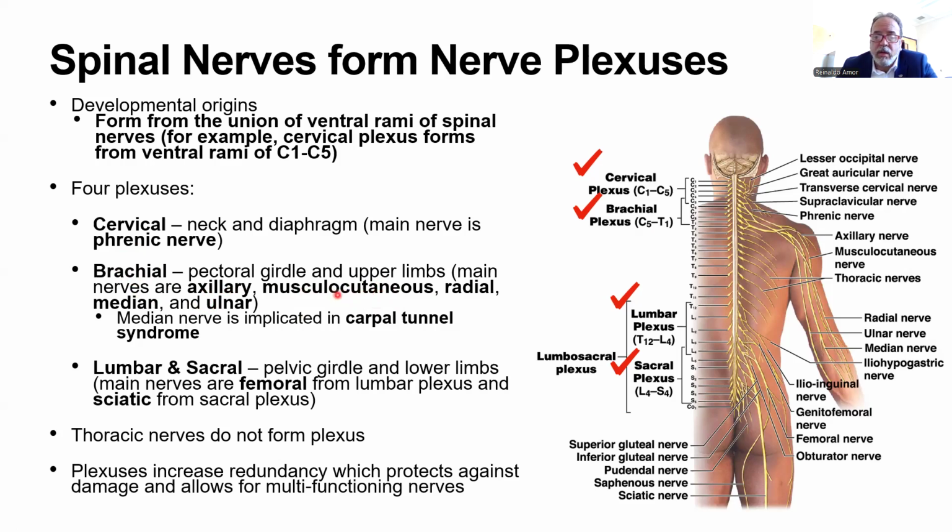Okay, there is more. They're not telling you that here. The radial nerve controls most of the extensors, the extensor muscles of the wrist. Just wanted to double check on something here.